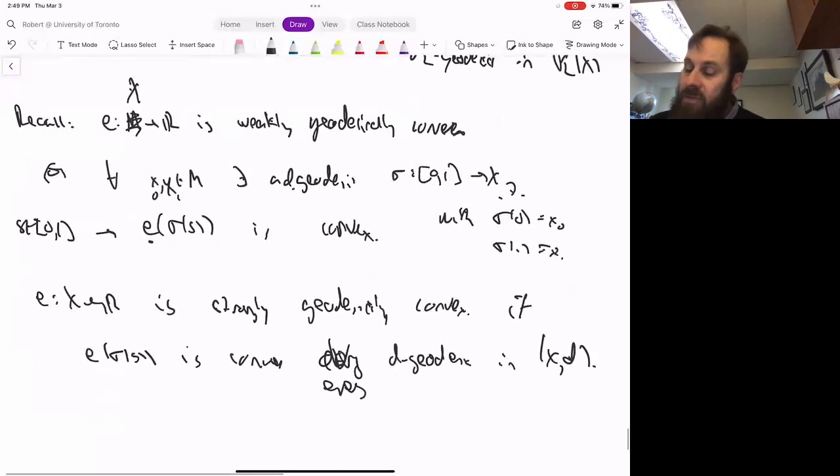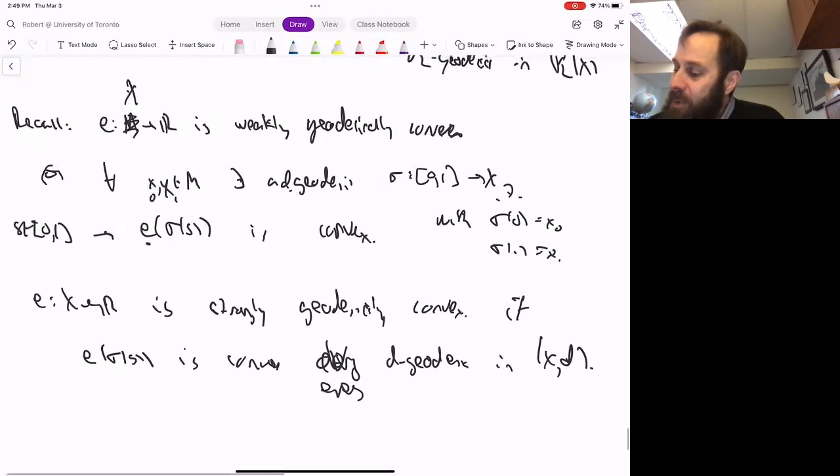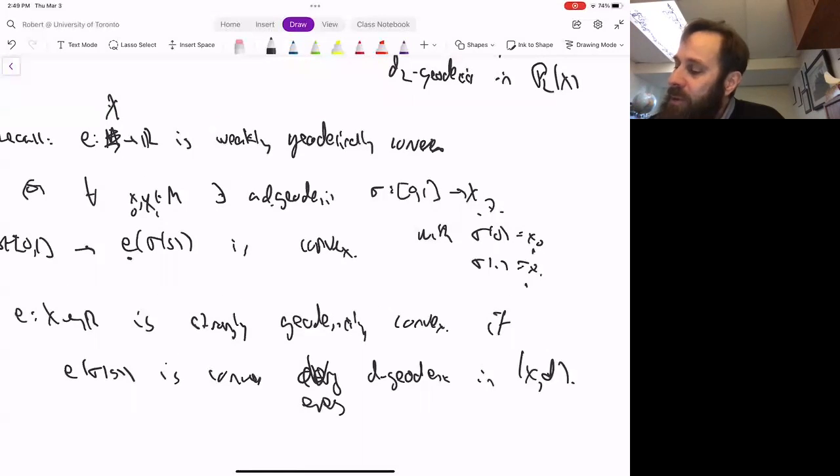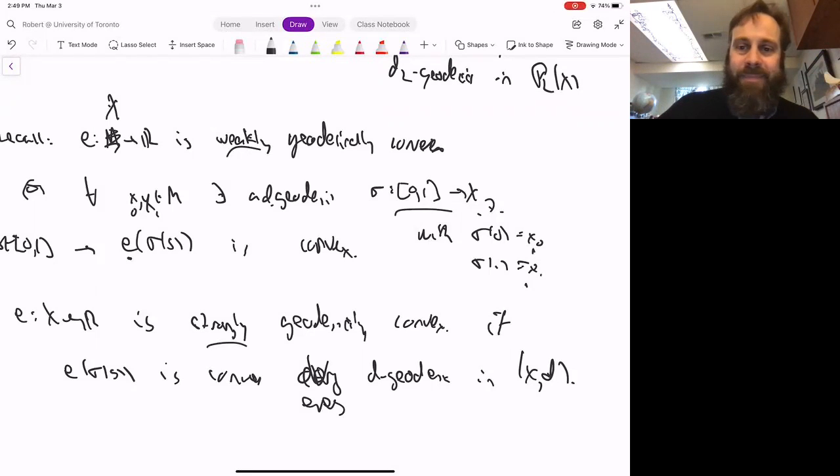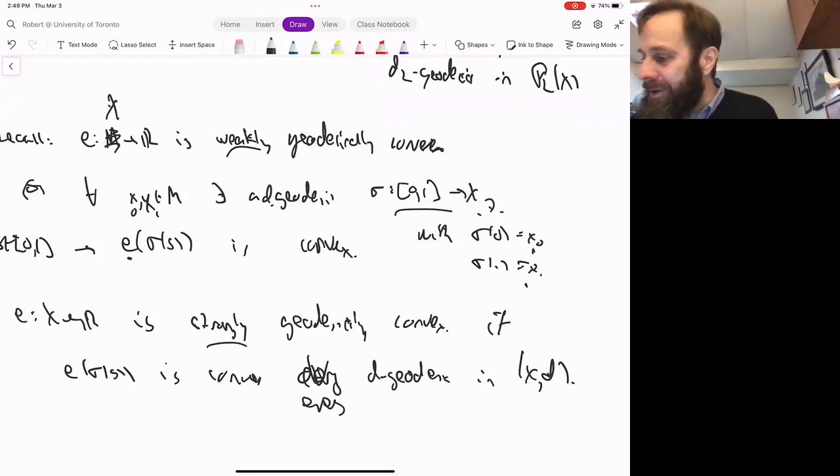And so in a geodesic space, strong geodesic convexity is a stronger notion than weak geodesic convexity, but in a non-geodesic space, for example, if you're in a space where there are no geodesics at all, it won't be weakly geodesically convex because given X0 and X1, there won't be a geodesic joining them. But it will be strongly geodesically convex because there are no geodesics to test the condition under. So this is only stronger than that if you're already in a geodesic space, so that you know geodesics exist between every pair of points.